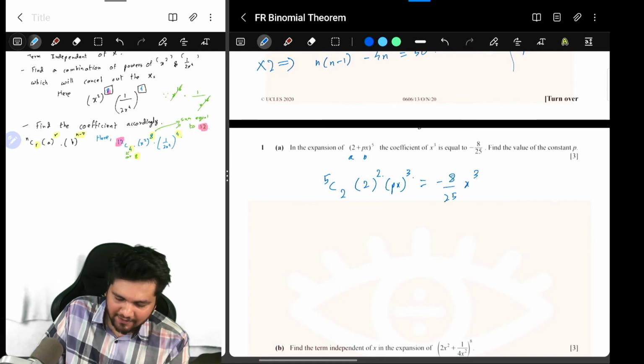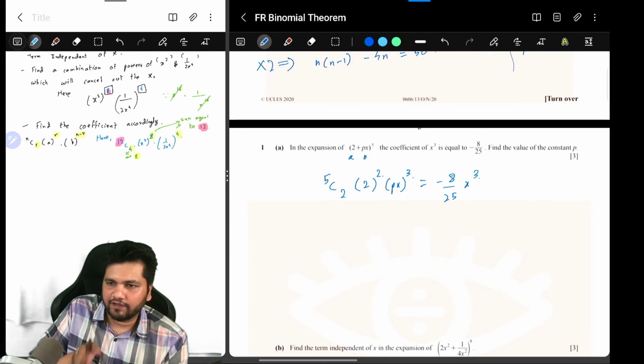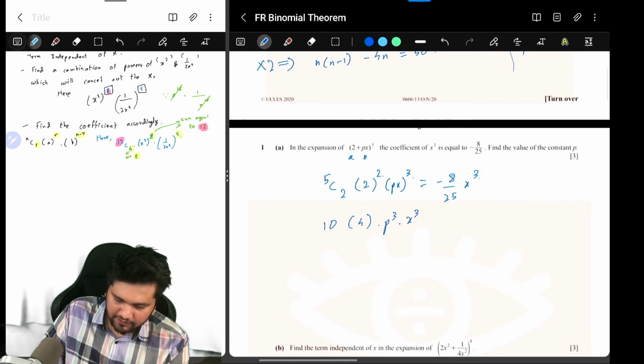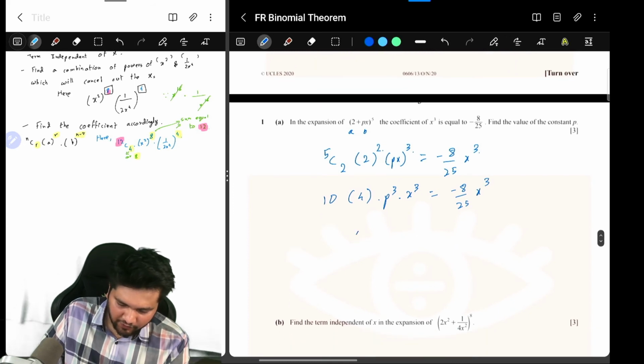Simply 5C2 is nothing but 5 into 4 upon 1 into 2, which is 10. 10 into 4 into p cube into x cube is equal to minus 8 by 25 x cube. Just remove this x cube, we will get 40 into p cube is equal to minus 8 by 25.